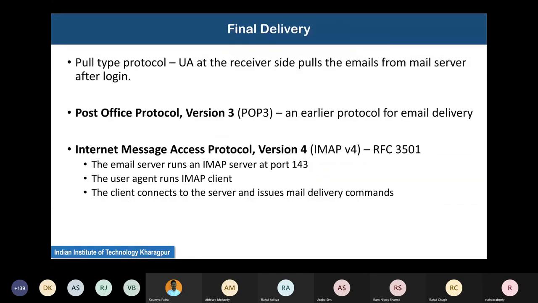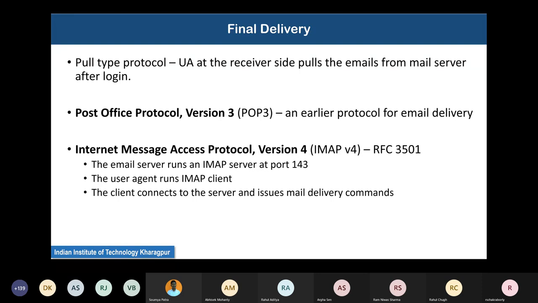This is usually done using something called, the most common one is called IMAP, Internet Message Access Protocol version 4 or IMAP v4, which is described in RFC 3501. The email server runs an IMAP server at port 143. It keeps listening to this IMAP request for emails.